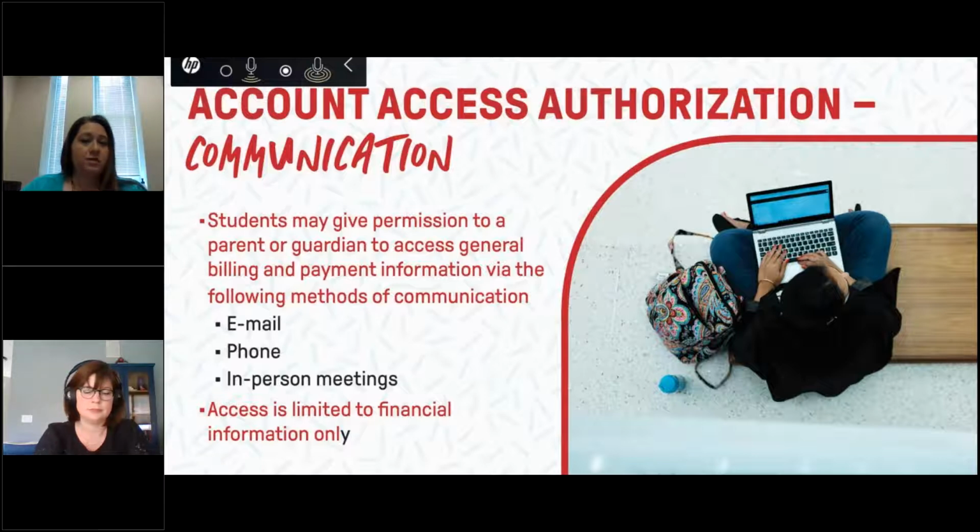It's signed off by the student, and this authorization can be revoked at any time. So it's very limited information that we're sharing. We're not giving out a student schedule or anything like that. It's just billing and payment information and ability to ask questions in regards to that. So I do suggest that all students do give this permission to anyone who would need access to their bill or the ability to make a payment.